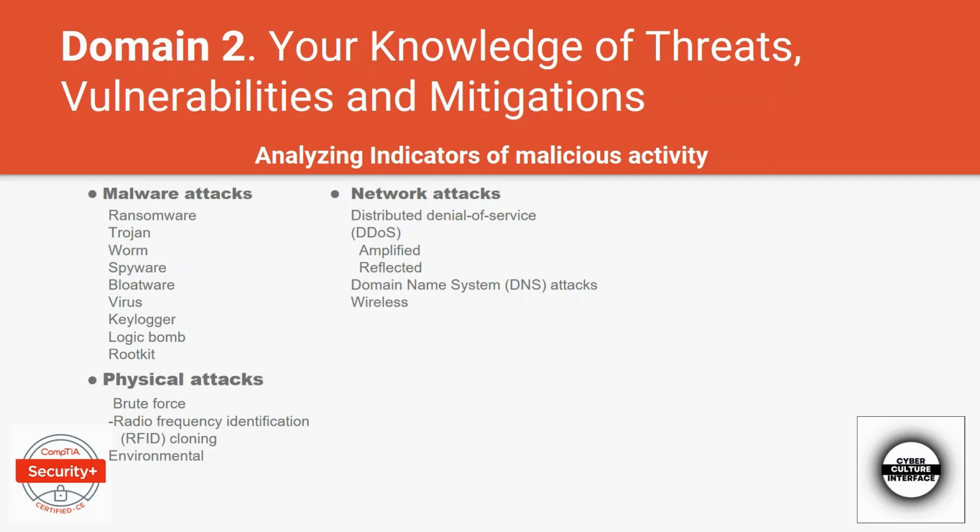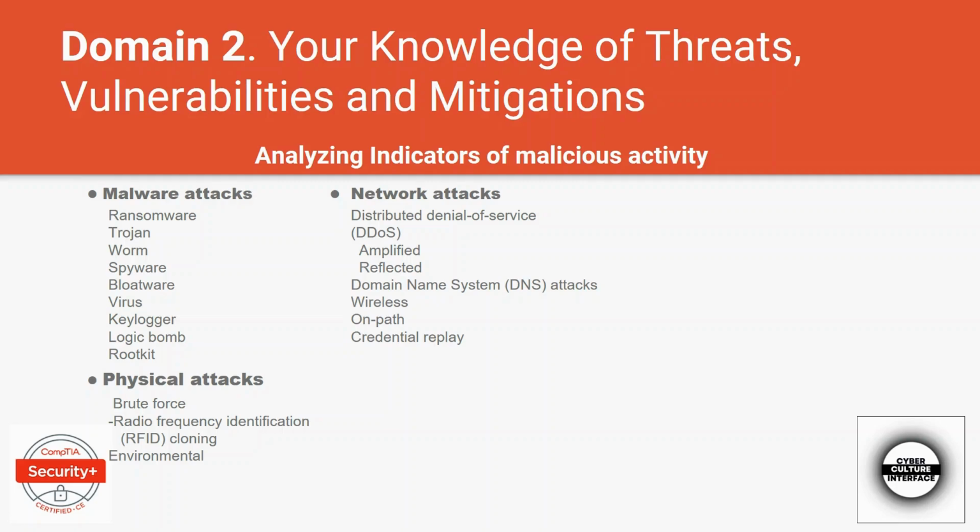These are all indicators. Then we have wireless malicious activity, when we have an on-path attack and credential replay. These are all indicators of malicious activity. Credential replay is simply making use of a credential that was captured.